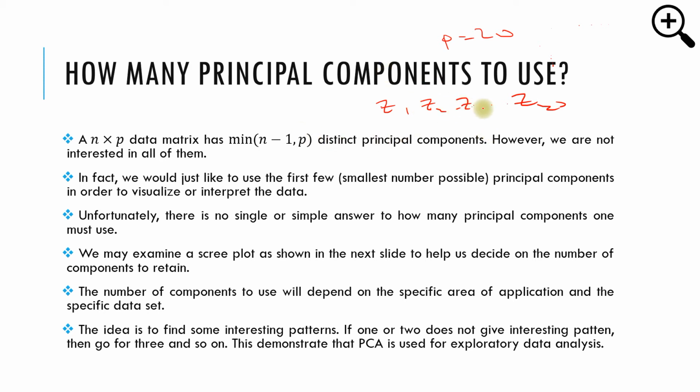By analysis I mean, for example, interpretation, as I just did in the biplot, or also applying them in a supervised learning method, as I explained, to predict a certain variable y. How many would you retain? This is what I'm going to explain.